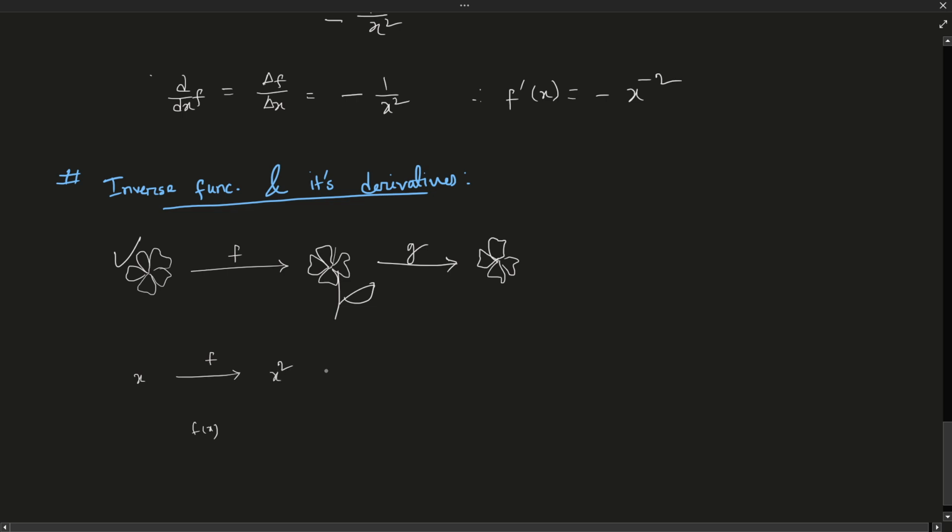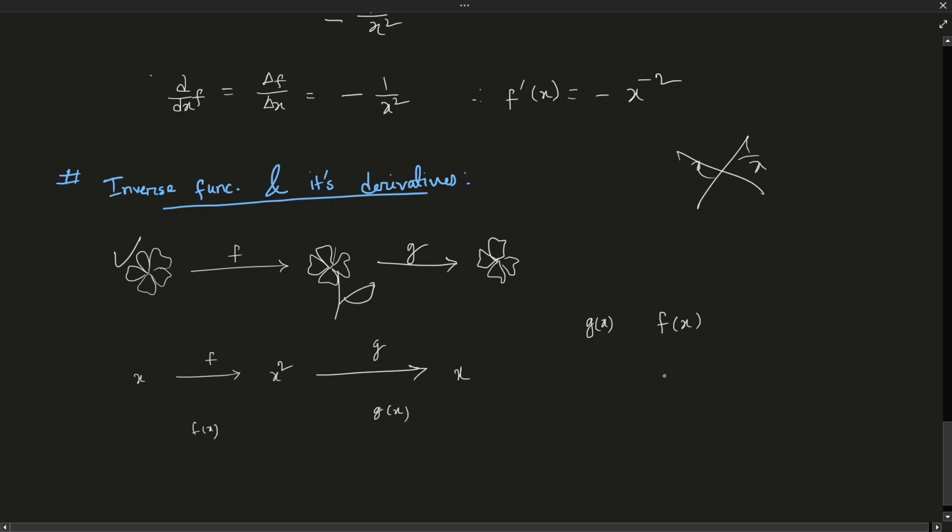Then it goes through another process, which is g, so g of x, and we will find x again. g and f are inverses, not like 1 by x, but these are inverses.